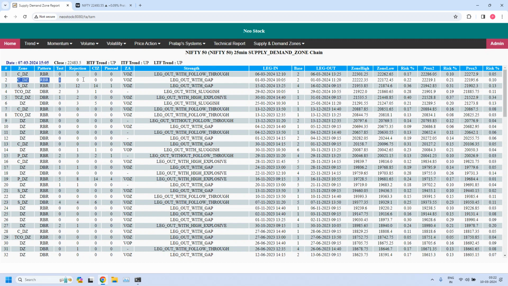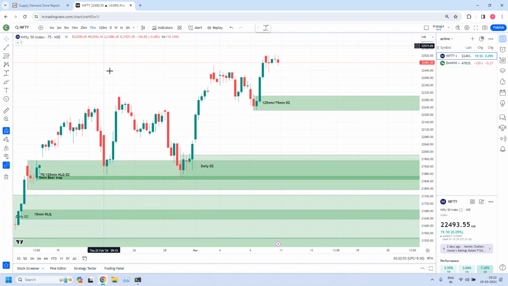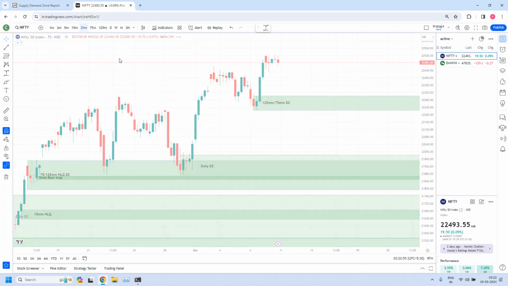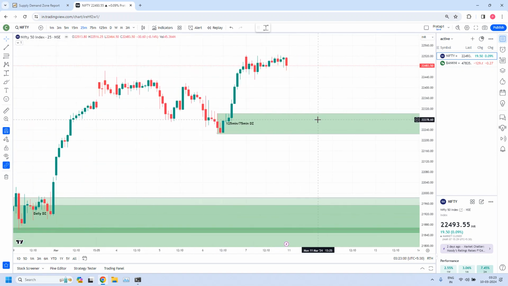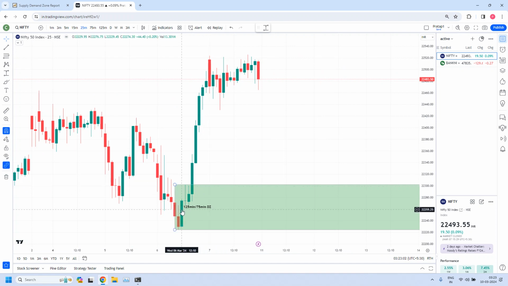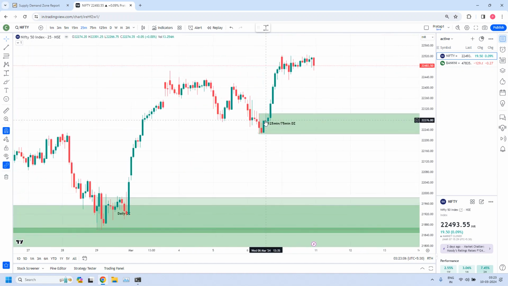Okay, first let us draw the second one. This is the 1st March 10 o'clock 5 minutes, 2 base candles. Changing the time frame to 25. So where is 1st March? This is 6th March.